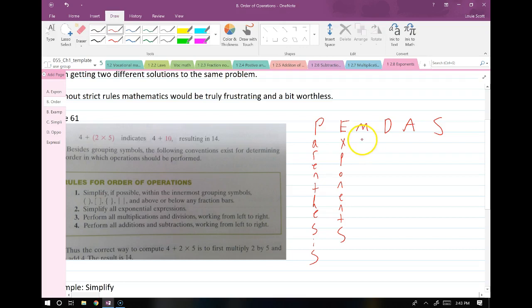M is for multiplication. D is for division. A is for adding. S is for subtract.